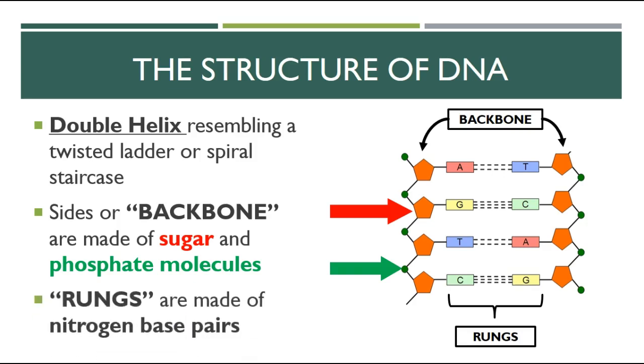And then the rungs, those are the horizontal portions of the molecule that connect the 2 backbone portions of the molecule. The rungs are made of nitrogen base pairs. We're going to talk about nitrogen base pairs in an upcoming slide.